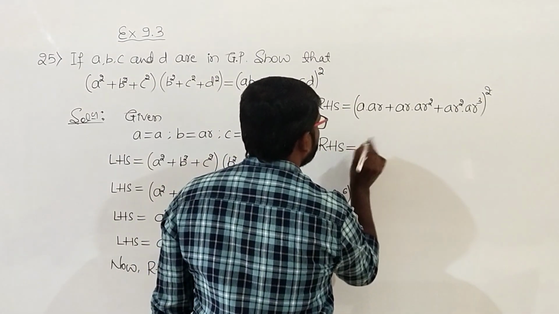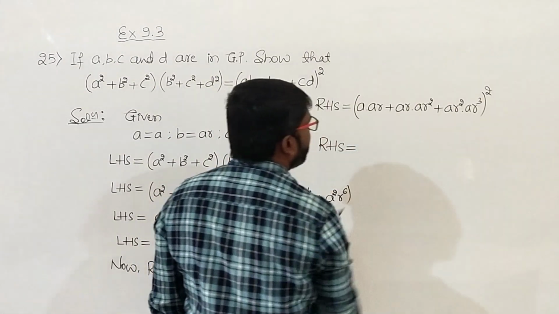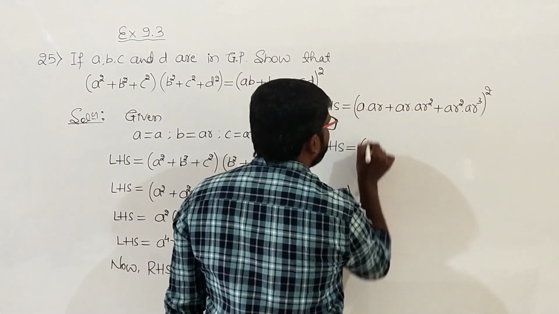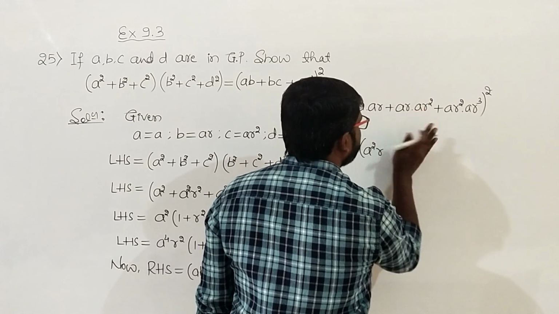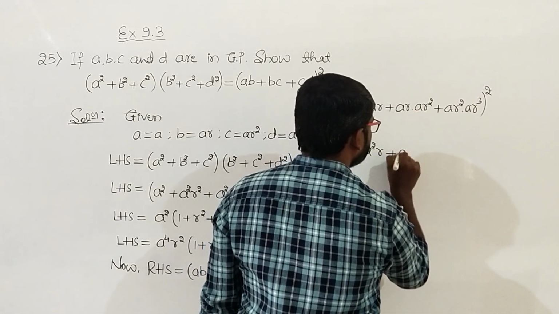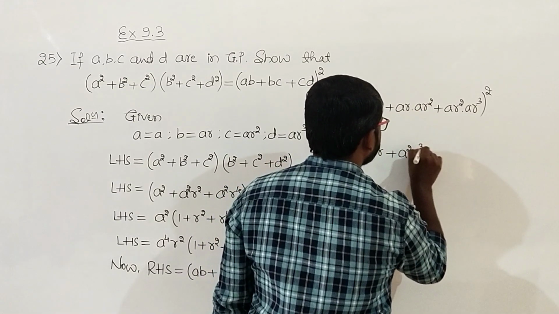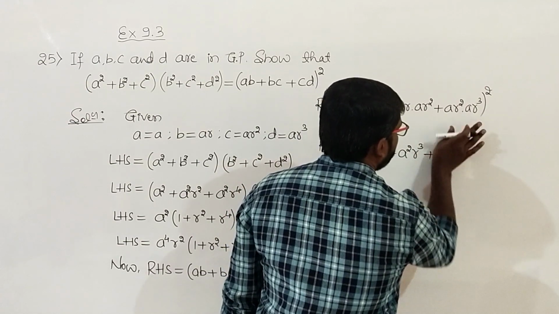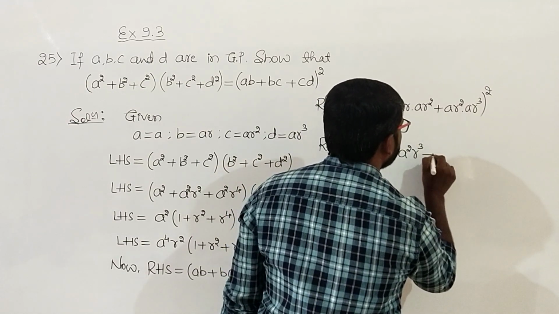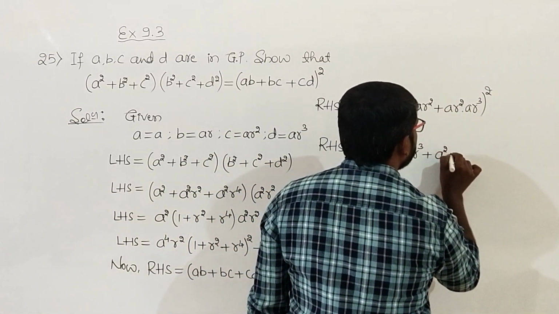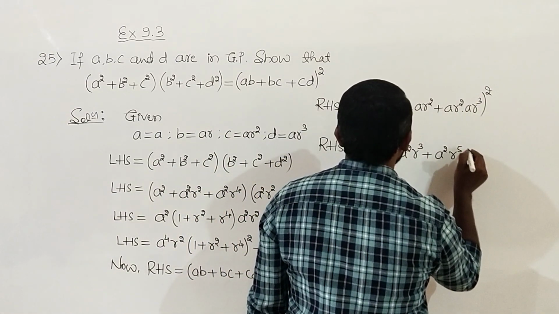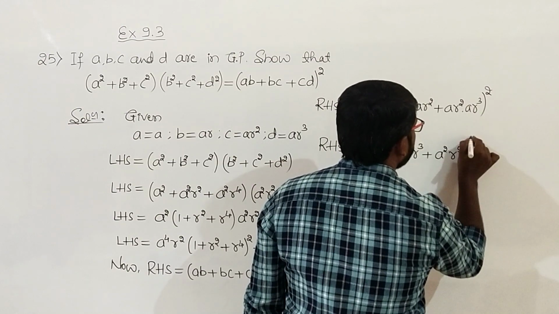Now RHS is equal to, what is common? We'll write one more step now. A into A is A square R, plus A into A is A square R raised to 3, plus A into A is A square R raised to 5, then whole square.